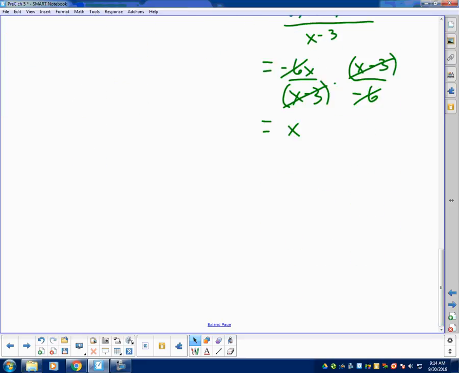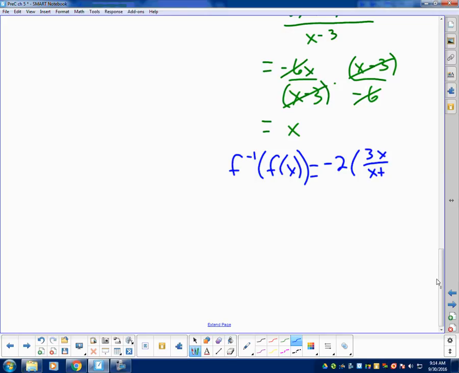So it's f inverse of f of x. I'm going to put negative 2 times x over x plus 2.